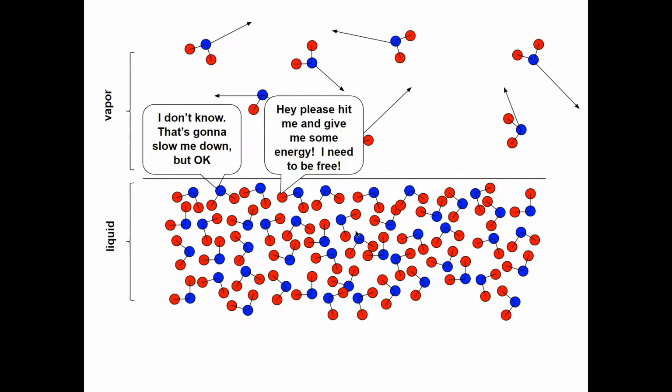And of course, if we put some human emotion to these things, maybe these molecules are a little jealous because of their brethren that can kind of fly about without being tied down by all these intermolecular forces. So anyway, this one really wants out of there, says, hey, can you hit me and give me some energy? I need to be free.